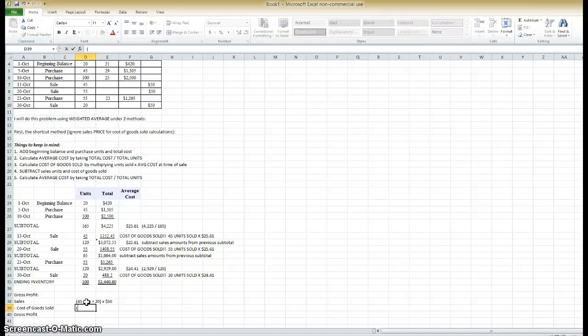For our cost of goods sold, we calculated $1,152.45, $1,408.55, and $488.20.